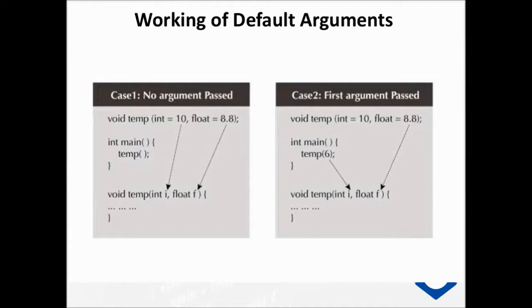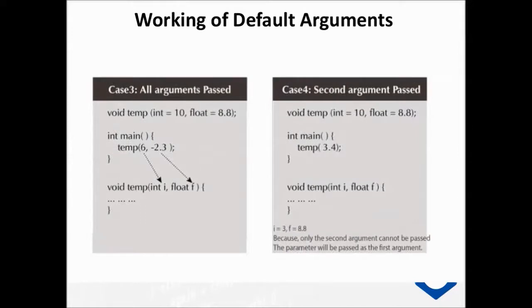When control goes to the function, this value 6 goes to int i, and as we did not pass any argument for float f, f automatically takes the value 8.8. So when temp(6) is called, the first argument becomes 6, while the default value is used for the second parameter.